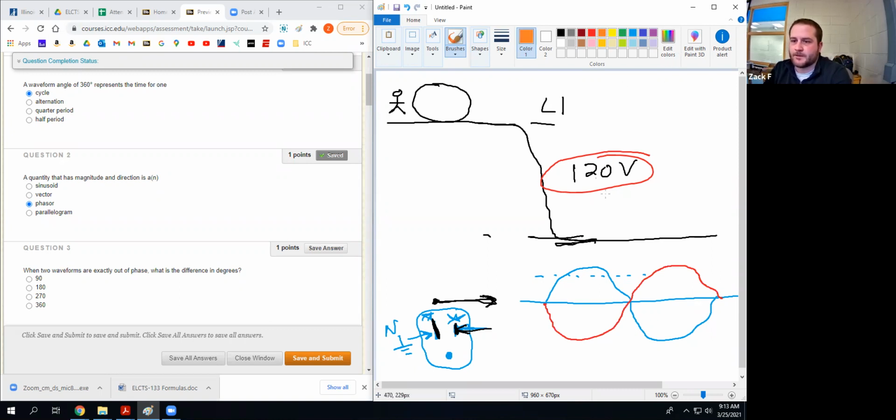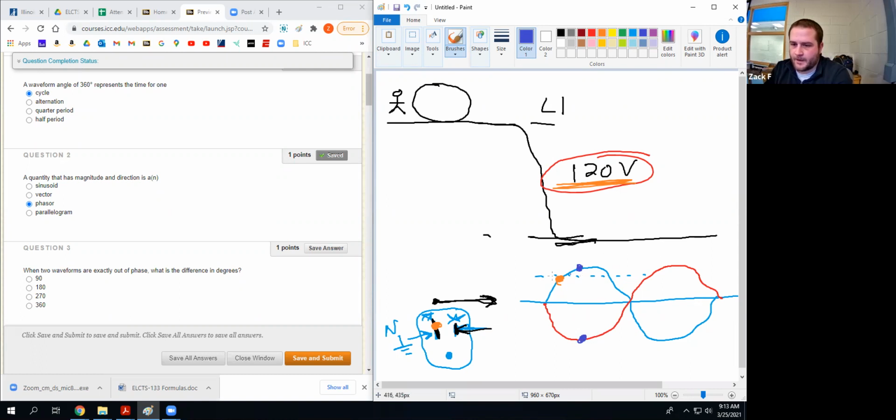Let me see if I can explain this to you. With 120 volts, we would put our meter lead on this phase somewhere. And again, we're reading this 60 times a second with a reference to ground. When we're reading 240 volts, we're reading this phase to this phase.